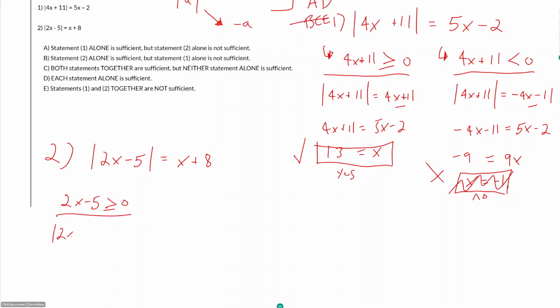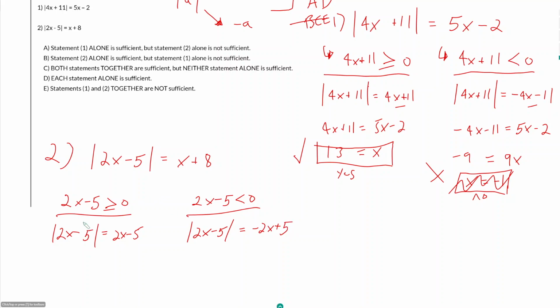The absolute value of 2x minus 5 is just equal to itself. Then when 2x minus 5 is less than 0, you just have to multiply it by negative 1. So absolute value of 2x minus 5 in this case is equal to negative 2x plus 5.